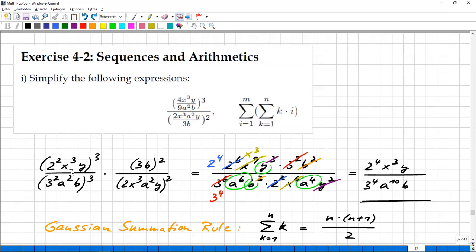The first part is 2 squared here and 3 squared here, and also x power 3 times y, a squared times b below. So that's nothing really new. But here, I actually applied this exponent of 3 to both components, to everything above the fraction line and below the fraction line.